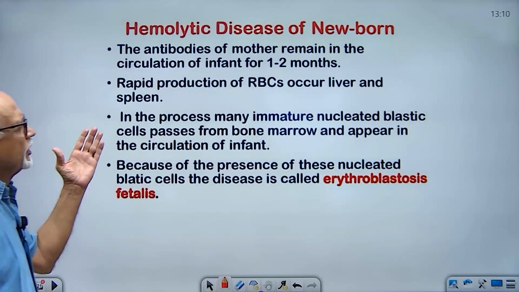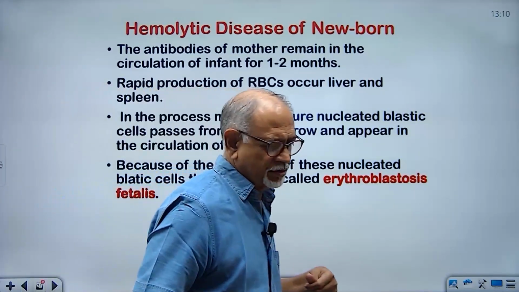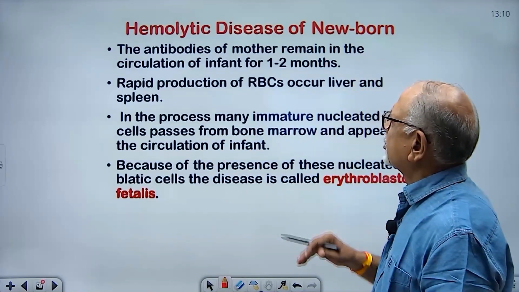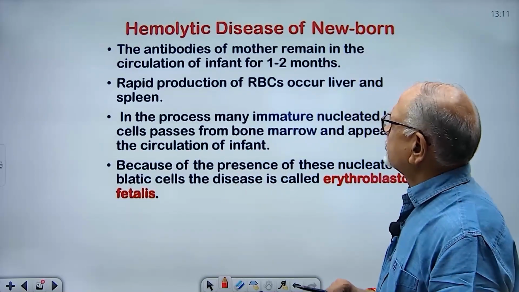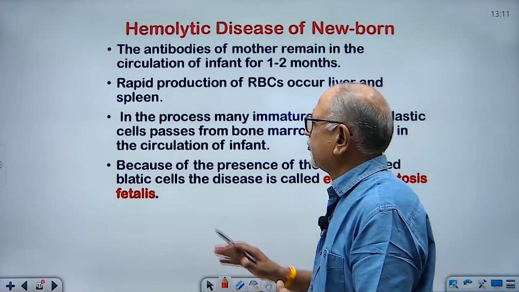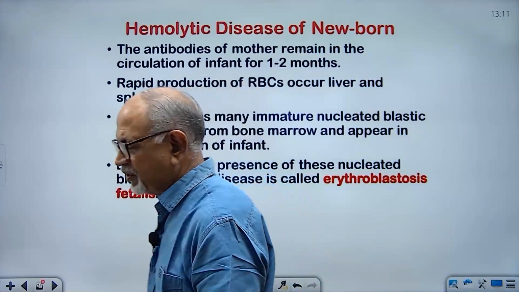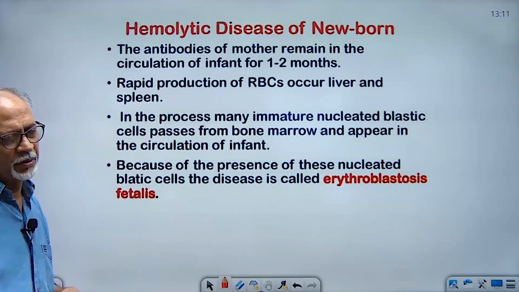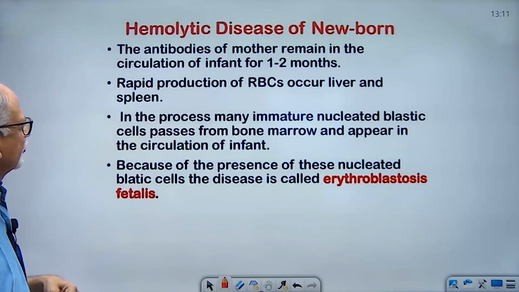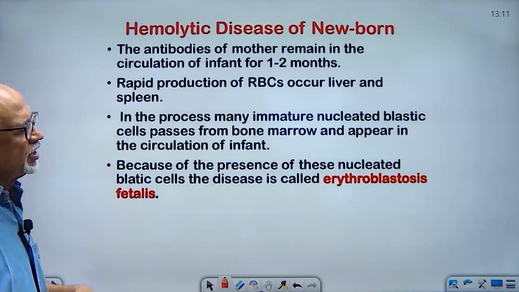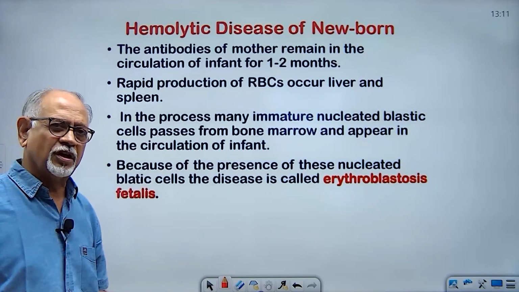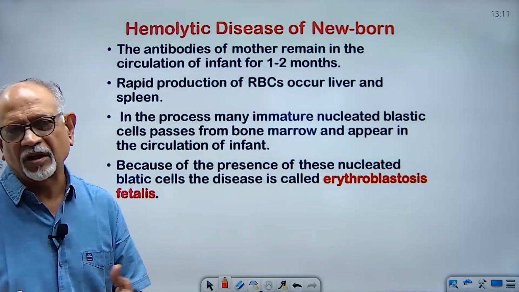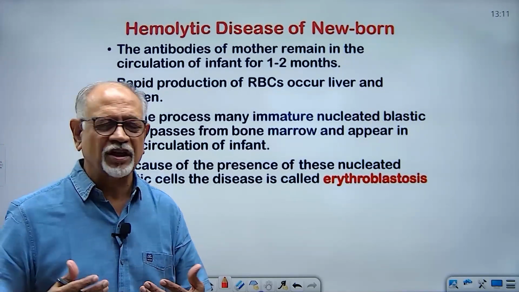I have explained the same thing, that when the blood crosses the placental barrier, there is a rapid production of RBCs in the liver and spleen of the fetus. As we have seen in the embryonic condition, in the mesoblastic stage, the blood cells are primarily formed in the spleen and liver.